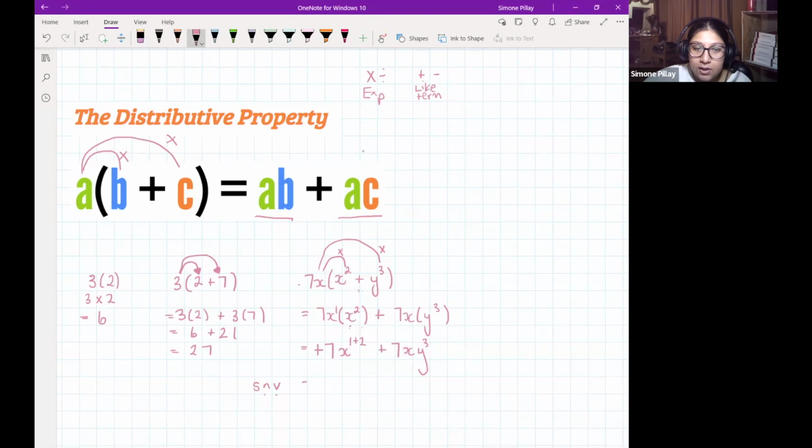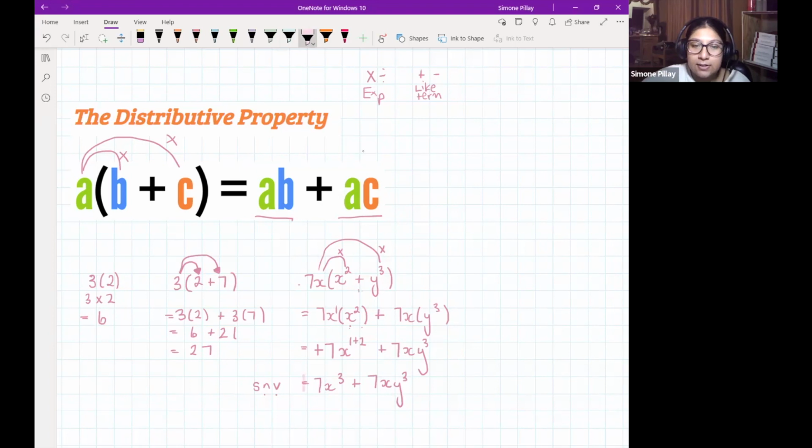And then the final answer would be 7x cubed plus 7xy cubed. And now that I have this, now I see, okay, I have addition. What I can do is I can look for like terms. Can you guys tell me, do I have like terms over here?